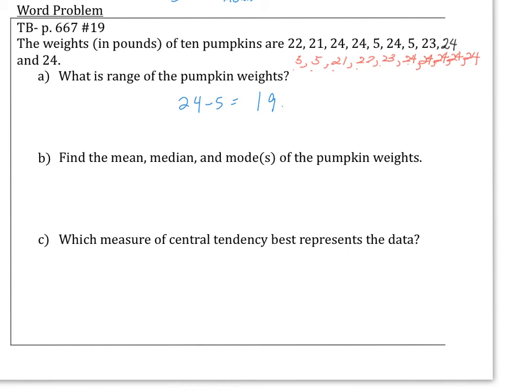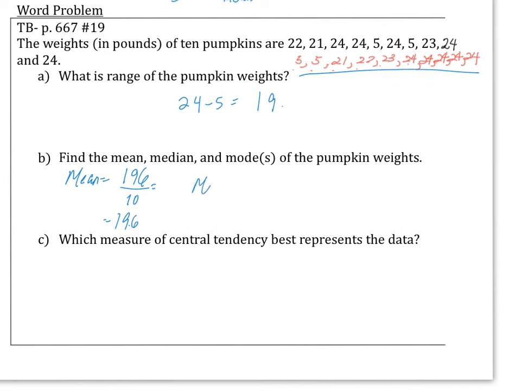And then it asks you to find the mean, median, mode of the pumpkin weights. Well, the mean, again, we'll just add all of these values up, and then I've done this already on paper, so I'm just going to tell you it's 196. I'm pretty sure all of you will be able to do this. And then we're going to divide by 10 because there's 10 values. So your mean will be 19.6.